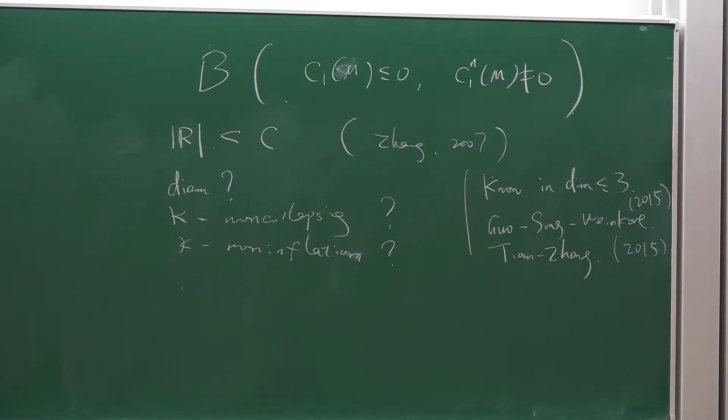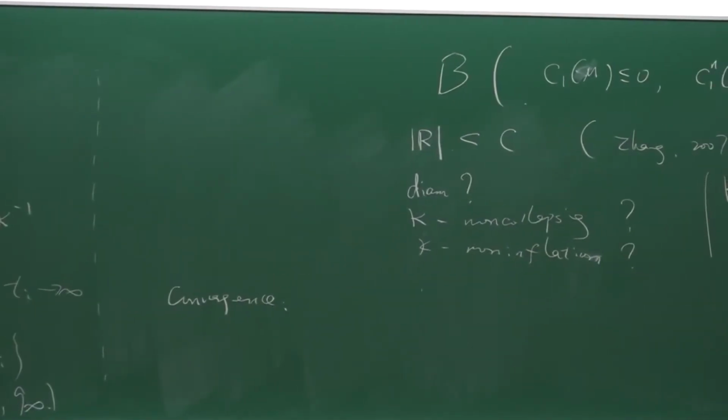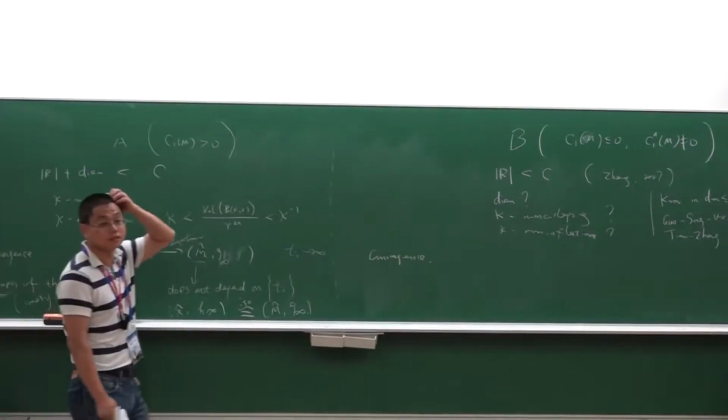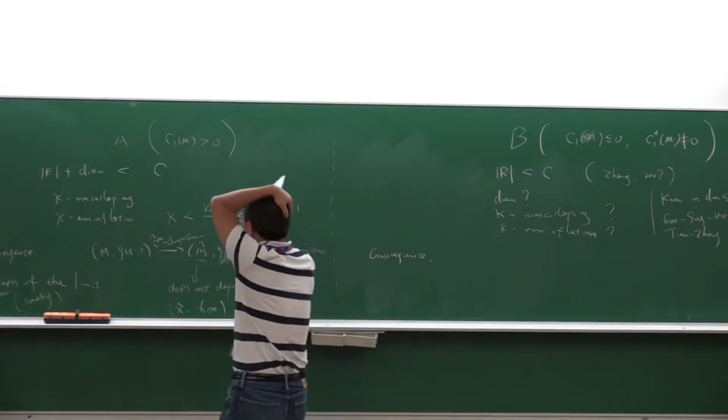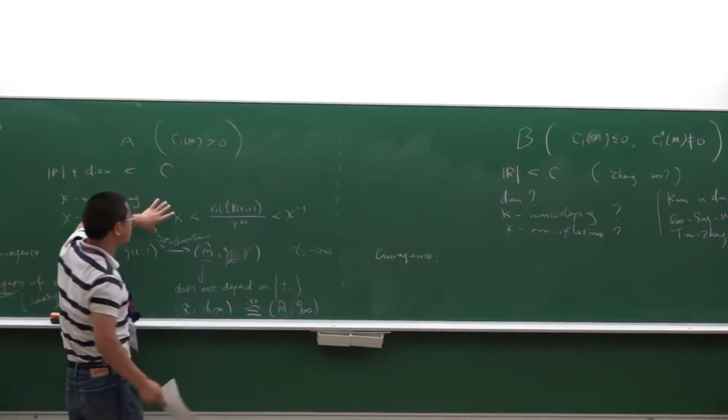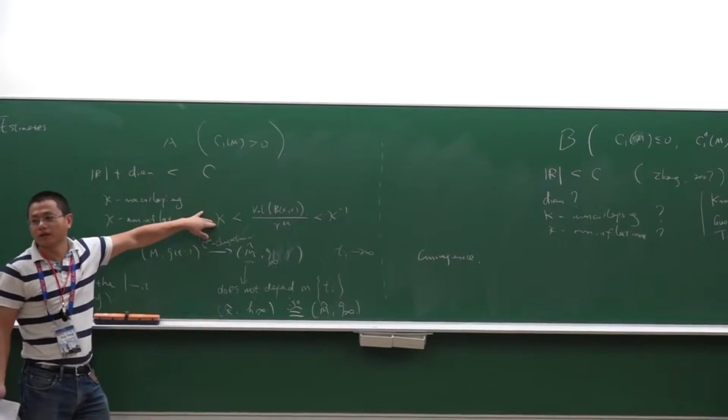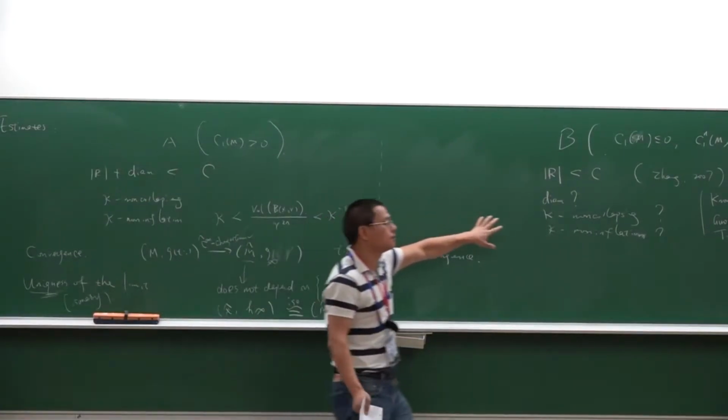And then you compare this convergence. It's not clear if we have this Cheeger-Gromov convergence. We do not even know this Gromov-Hausdorff convergence. In the Fano case, we have the Gromov-Hausdorff convergence because there is volume doubling, right? But now this volume doubling is not known.